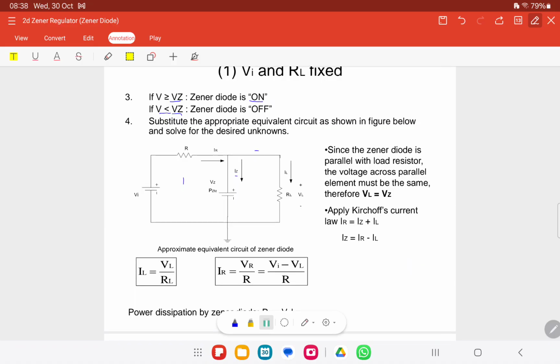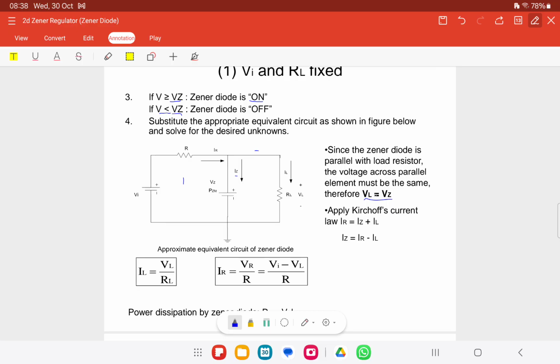Okay, if the diode is on, we already have the value of VL. Once we have that, we use the value VL is equal to VZ. The value we got earlier was just to determine whether the diode is on or off. Once we have it, leave that value. For calculations, we use the value given for VZ.